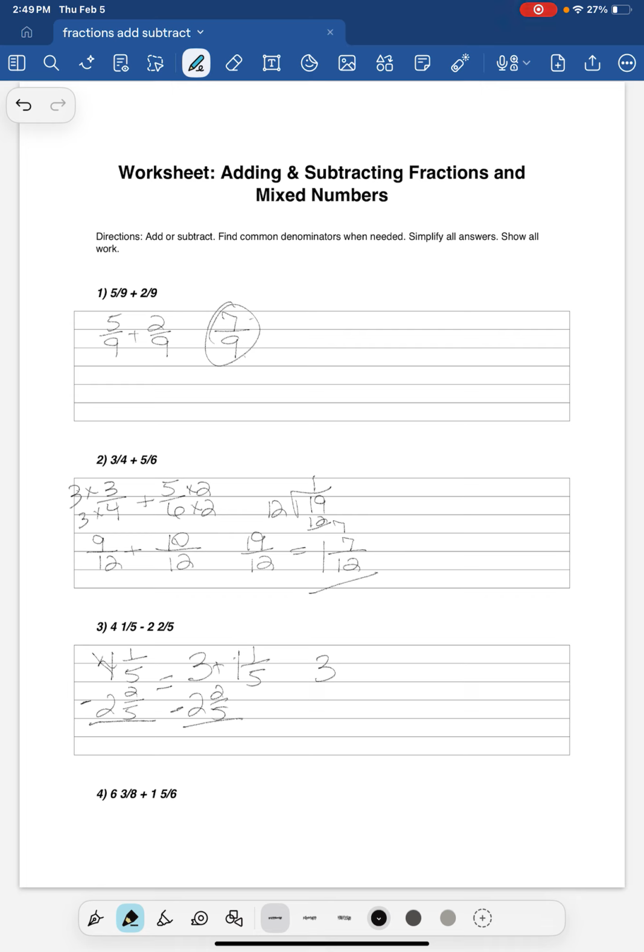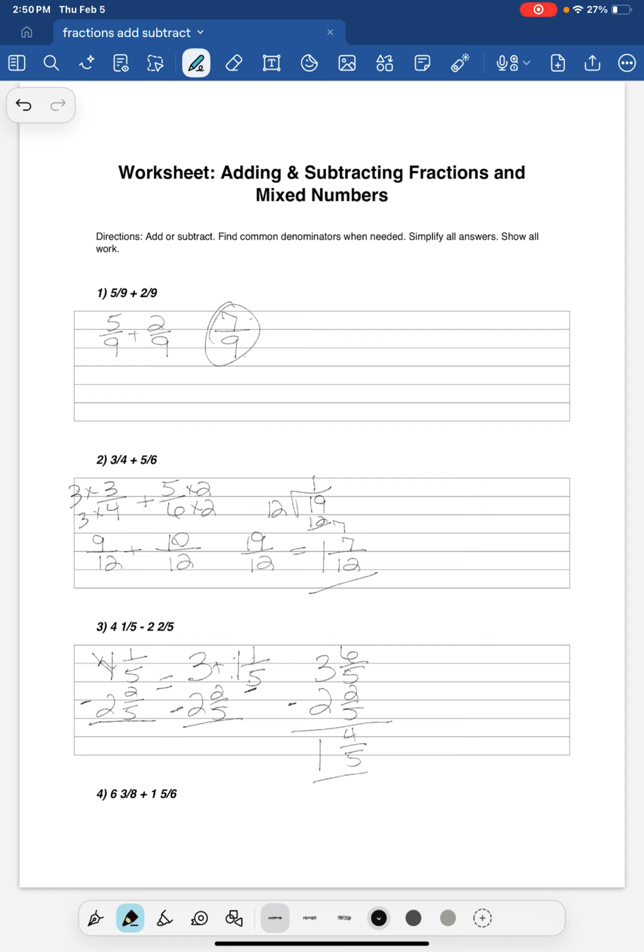We multiply the whole number by the denominator, which is 1 times 5 is 5, and add it to the numerator. So now you have 3 and 6/5, because this never changes, minus 2 and 2/5. And so then you're going to have 6 minus 2 is 4. Your denominator stays the same. 3 minus 2 is 1. And so 1 and 4/5 is going to be your answer.